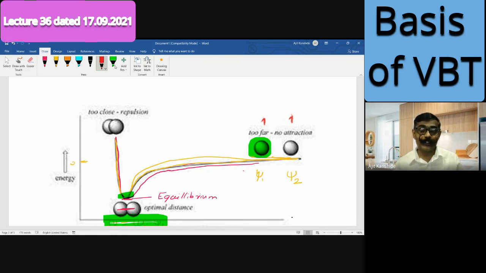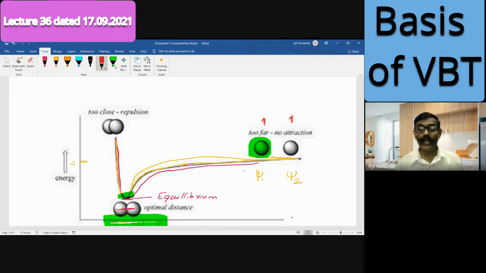If positive electron spins come together, then there will be repulsion rather than attraction, due to the overlap. Here, the spin quantum number also plays a very vital role. Overlapping is there, but when electrons are with opposite spin, north and south, there is attraction. But when both electrons are with the same spin, then there will be no attraction.